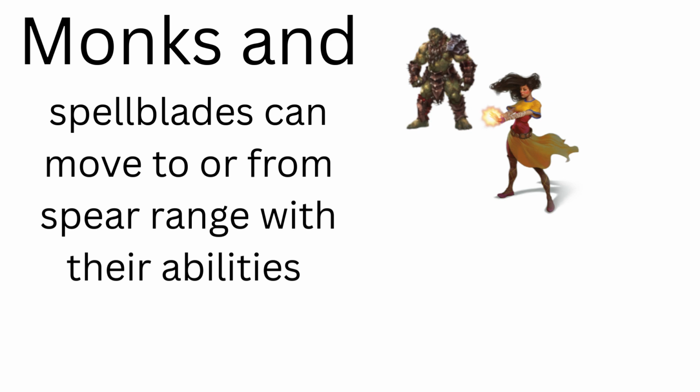However, that is exactly the same as it would be in gridded combat. What I would do in this circumstance is, when a character of either class is using this ability, they can move to melee range from spear range, or back to spear range if they're in melee range when they started the attack.